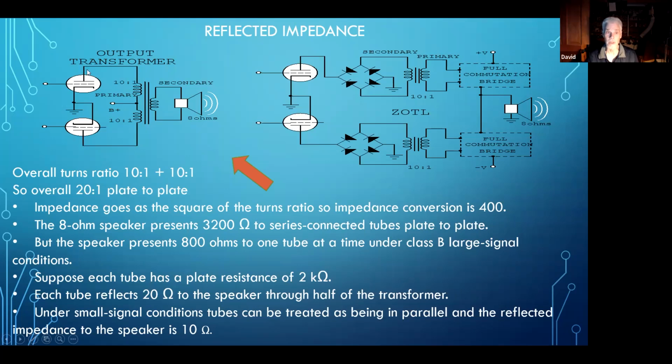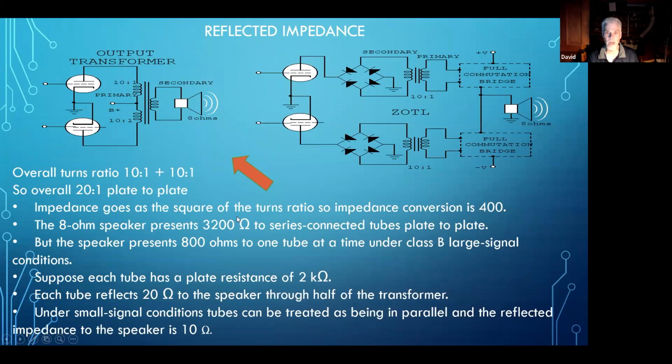The tubes are in a conventional push-pull configuration, and the speaker loads the single winding output of the transformer. So overall, we have a 20:1 ratio here, plate to plate. Plate to plate is common terminology when talking about output transformers.